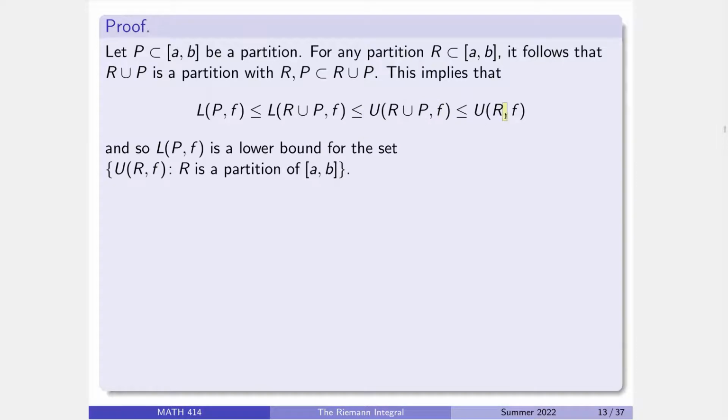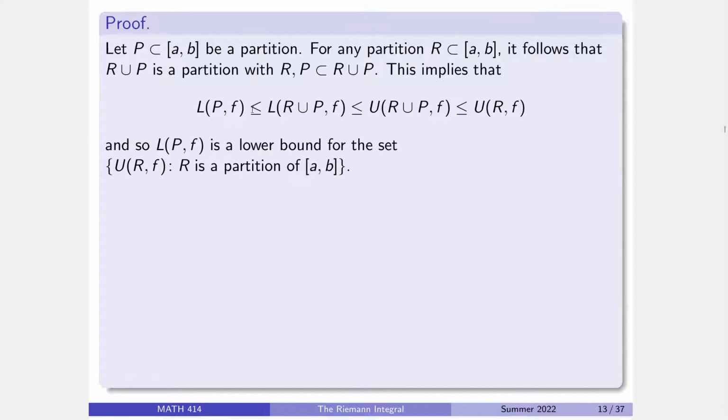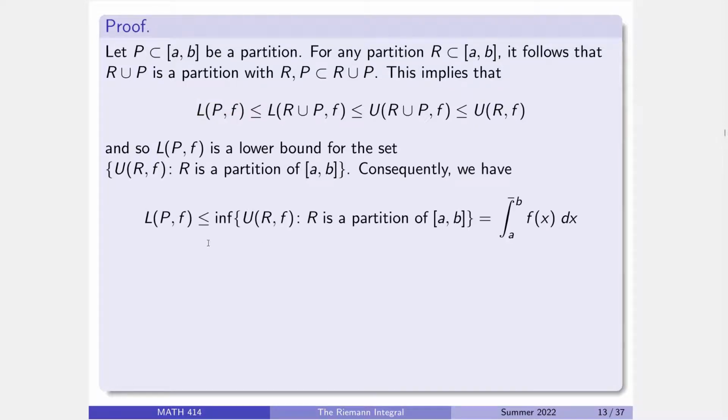So note, what we've now actually proven is that for any two partitions, the lower Darboux sum with respect to P is always less than or equal to the upper Darboux sum with respect to R. So that means for a partition P, this will always be a lower bound for the set of upper Darboux sums for any partition R, it doesn't matter. Which means this is always less than or equal to the infimum, which is our upper Darboux integral.